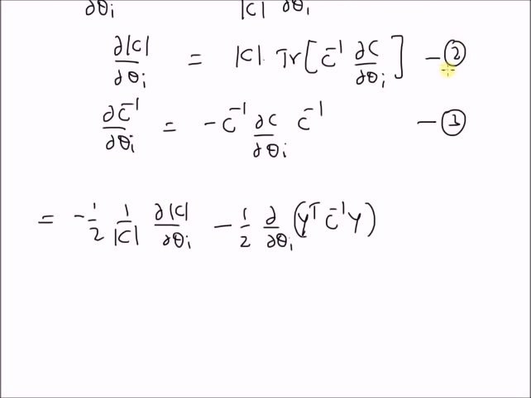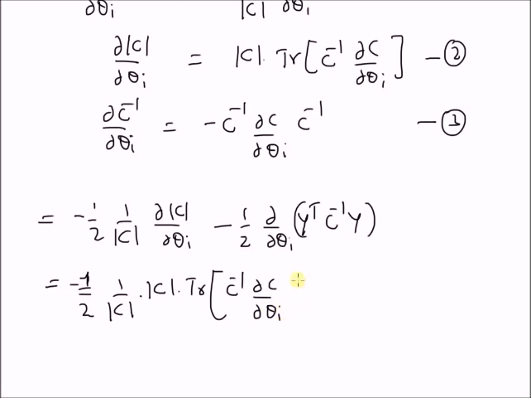So by using formula number 2, the first term becomes minus 1 by 2 multiplied by 1 by determinant of C multiplied by determinant of C, then the trace of C inverse derivative of C with respect to theta i. So clearly these two terms cancel each other.